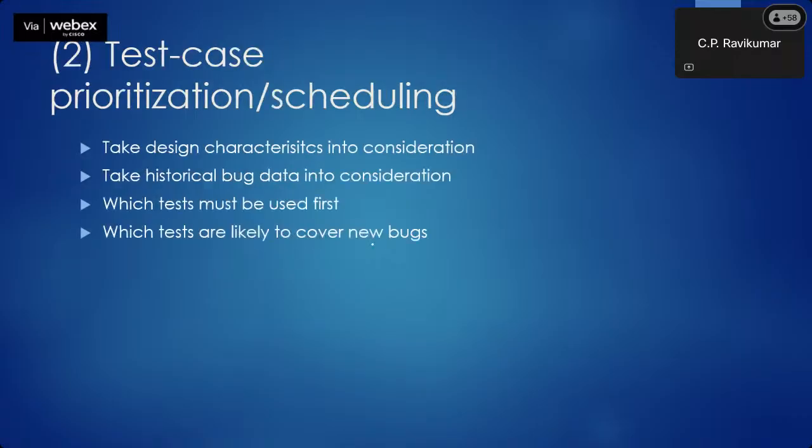Then they are also trying to use AI for things like test case prioritization and scheduling. See, imagine that there are many test benches. There may be thousands of test benches. Right?